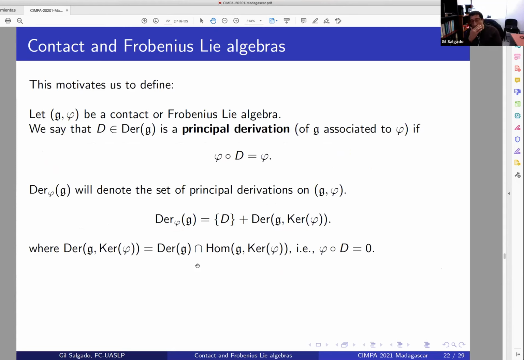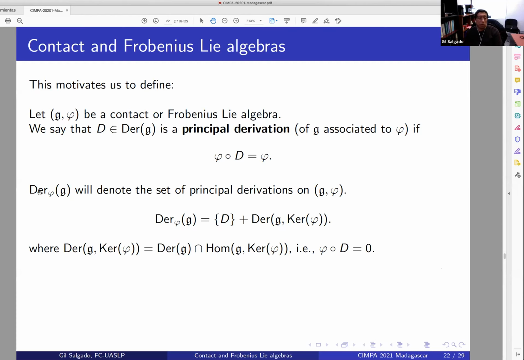Okay, and this motivates us to define the concept of principal derivation following the same idea. But now we can start with a contact or Frobenius Lie algebra. So if we have a contact or Frobenius Lie algebra, a derivation is a principal derivation if the same equation holds true. So the composition of the derivation with the one form is the one form.